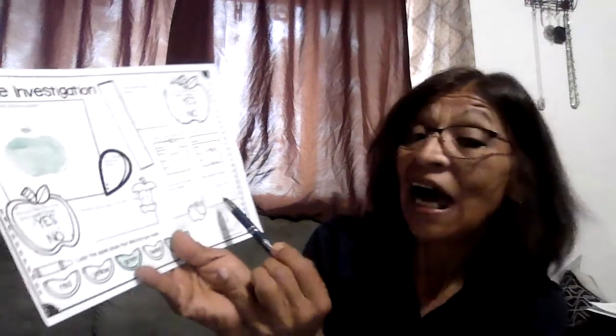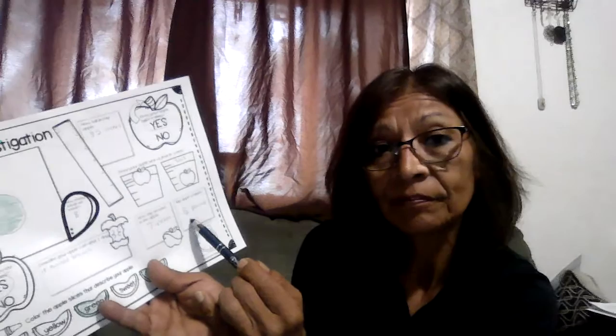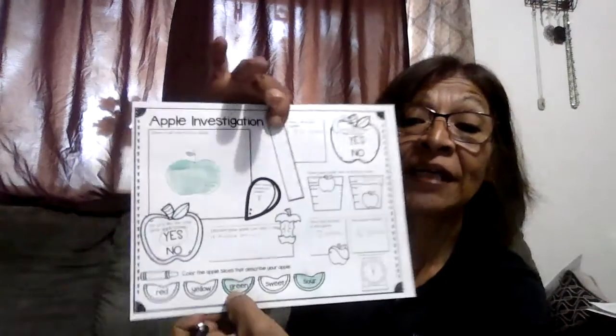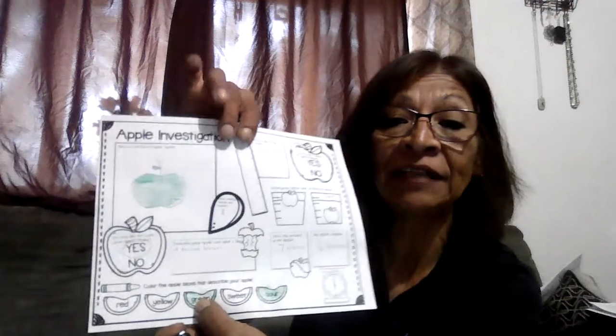So how big around is the apple? Again, I estimated, and I said 7 inches. I said that my apple weighs 1/2 pound. Color the apple slices that describe your apple. So mine was a green apple, so I colored it green.